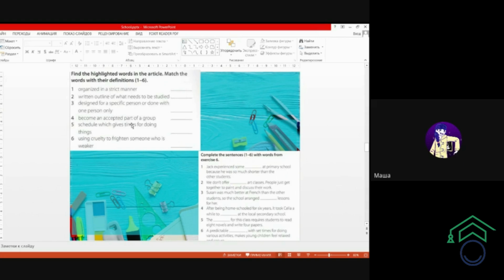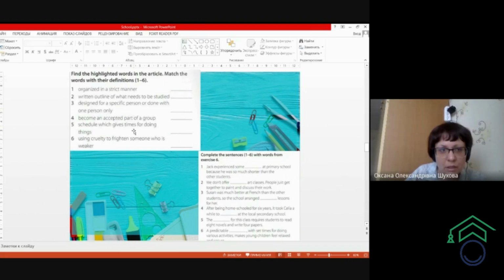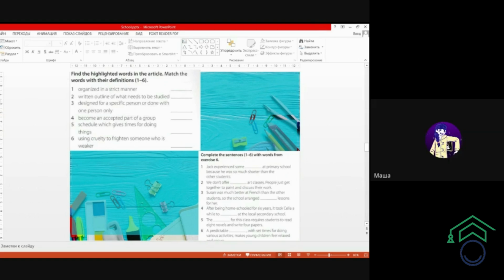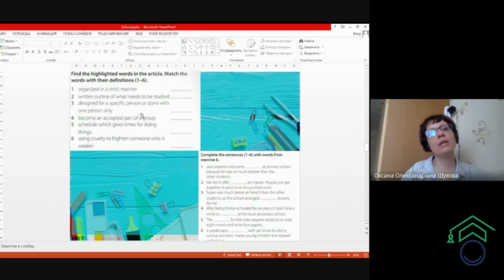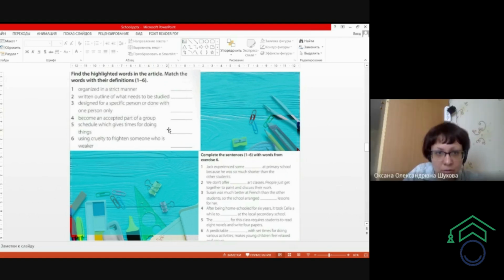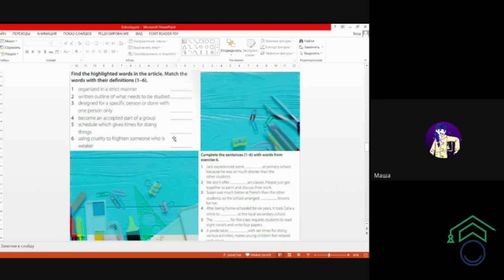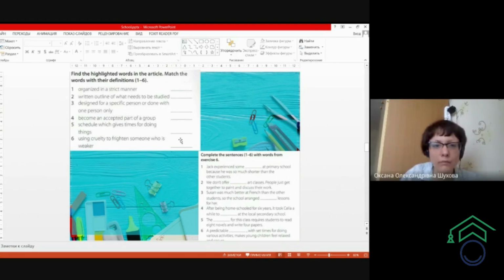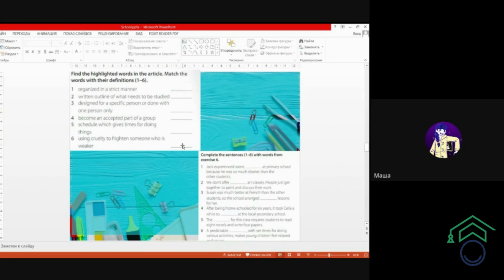Designed for a specific person or done with one person only. Unique. Unique, but we are to pay attention to words which are highlighted. Там нас не було. I think it was individual then. Right, individual, okay. Number 4. Become an accepted part of group, fit in. Right. Schedule which gives time for doing things, timetable. Using cruelty to frighten someone who is weaker, bullying.